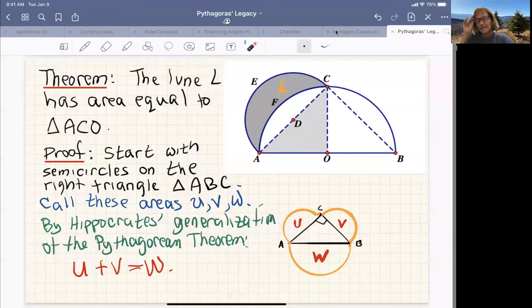The easiest way to think about what it means for the shapes to be similar is that you can transform one into the other by magnifying it or shrinking it.